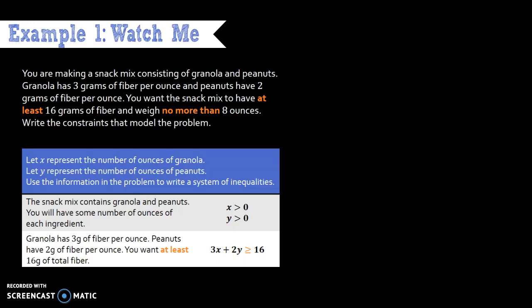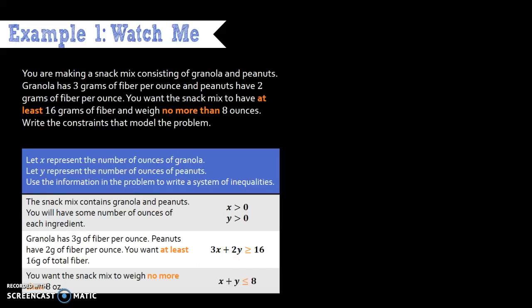So my combined fiber from my granola and my peanuts needs to exceed 16, or it could be exactly equal to 16. We want our snack mix to weigh no more than 8 ounces. So my combined ounces of granola and peanuts needs to be no more than 8. That means I can be less than 8, preferably, but I could also be exactly equal to 8. I just can't go over that value.